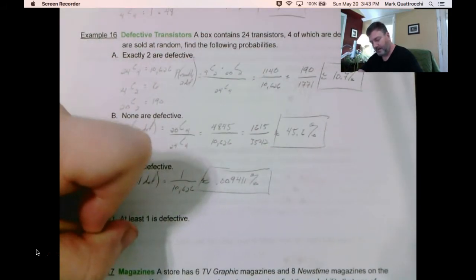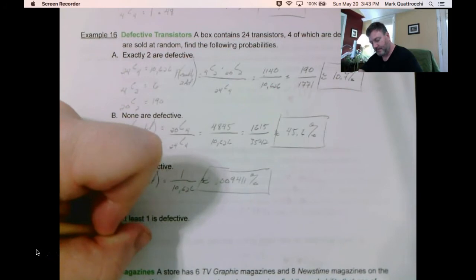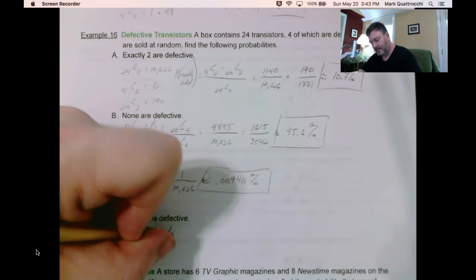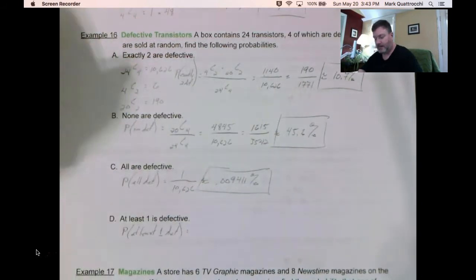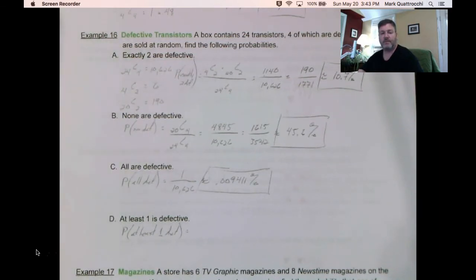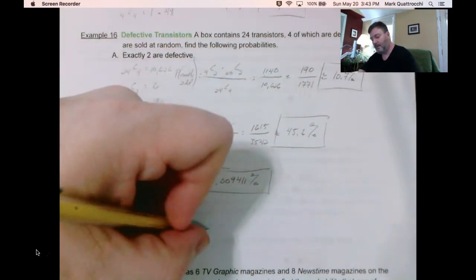All right. At least one is defective. Probability, at least one defective. So, like we've mentioned many times before, the second we see at least, we trigger the complement rule.